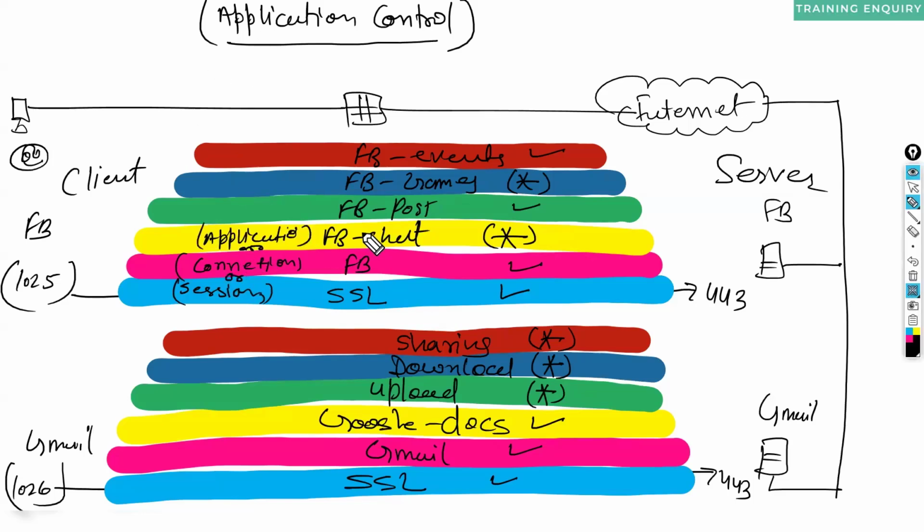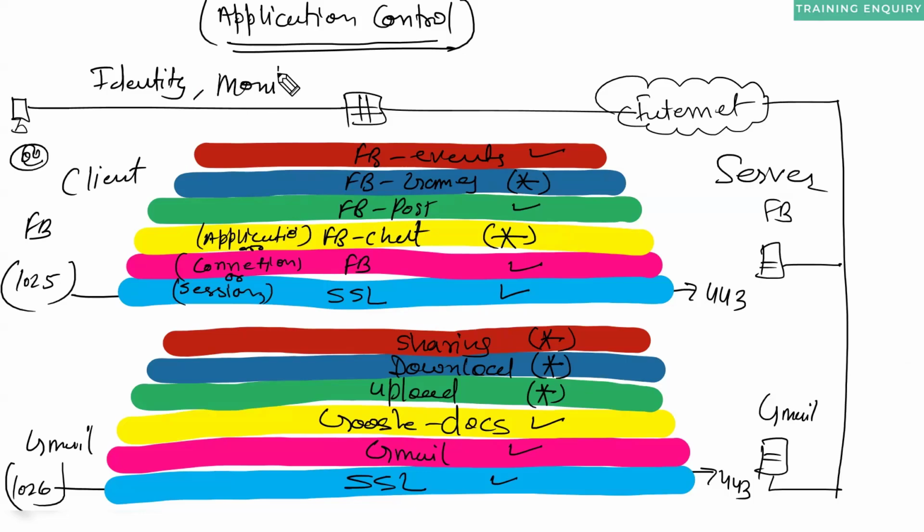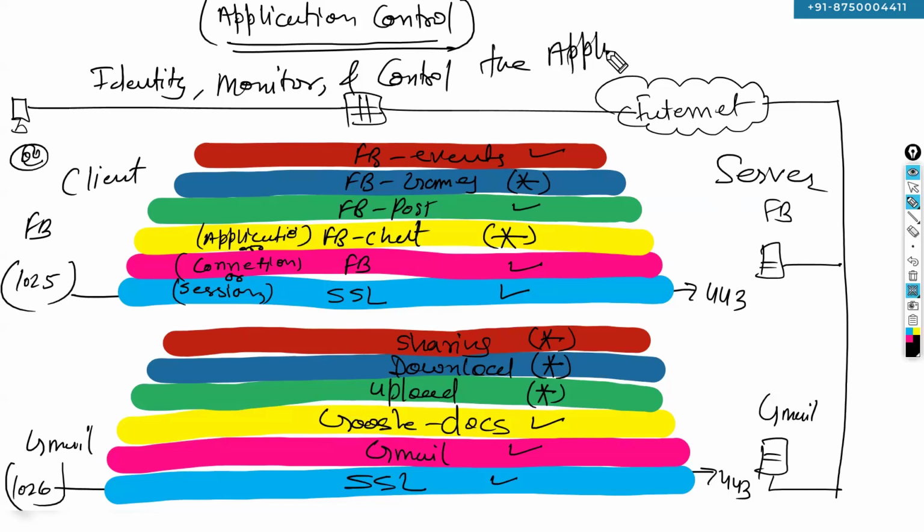So what is application control? With the help of application control, we can identify, monitor, and control the application between client and server.